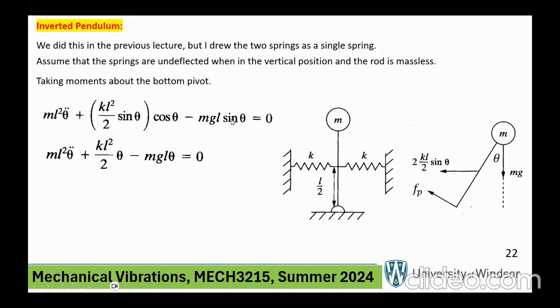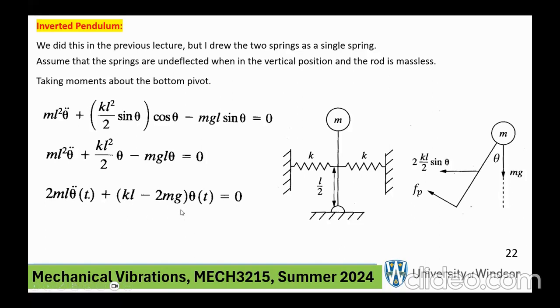And of course, again, sine of theta is approximately theta. Clean them up. There we are. I don't even have a damper here. You can see that. Effective mass, 2mL. Effective stiffness, KL minus 2mg.